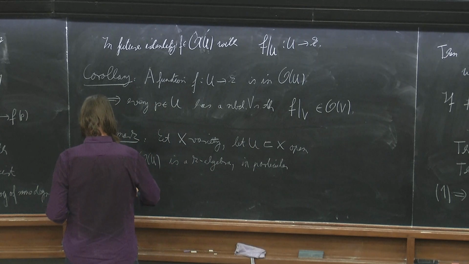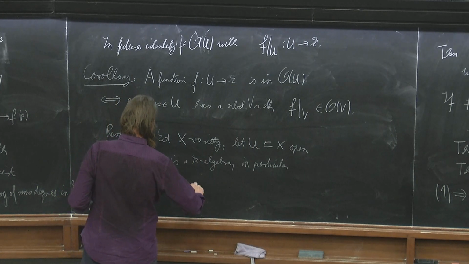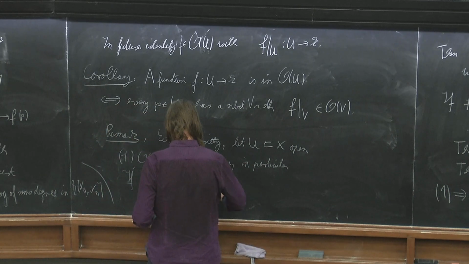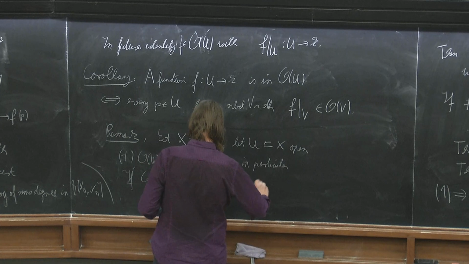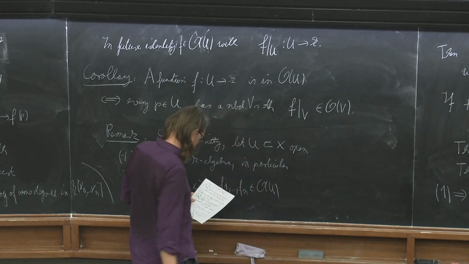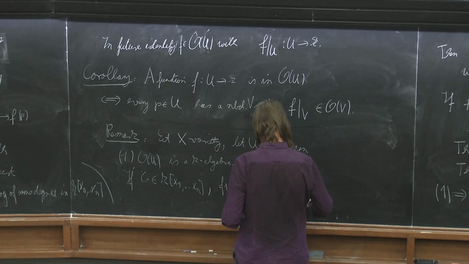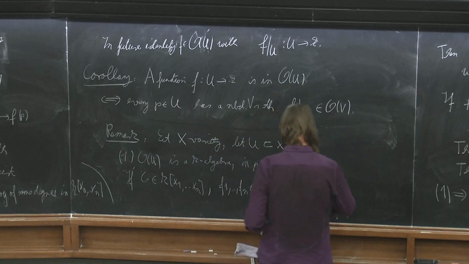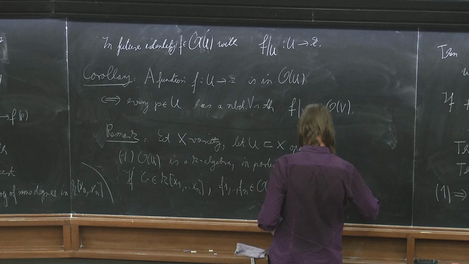So in particular, if we have a polynomial G in n variables, and I have some elements f1 to fn in O(U), then G of f1 to fn is also in O(U).